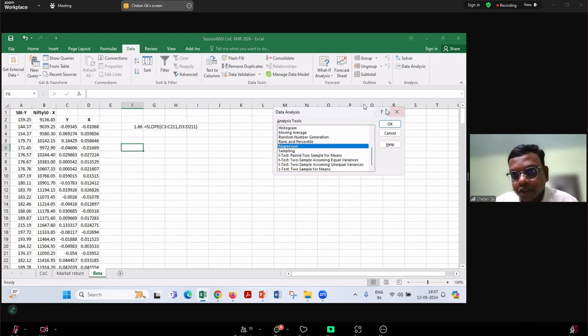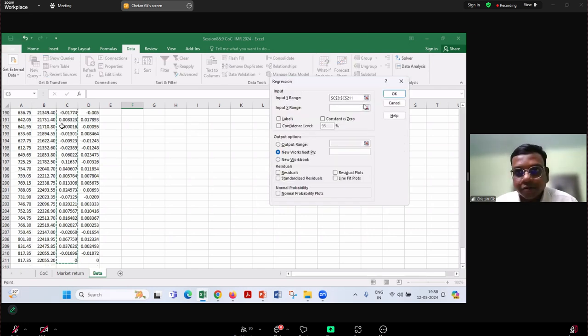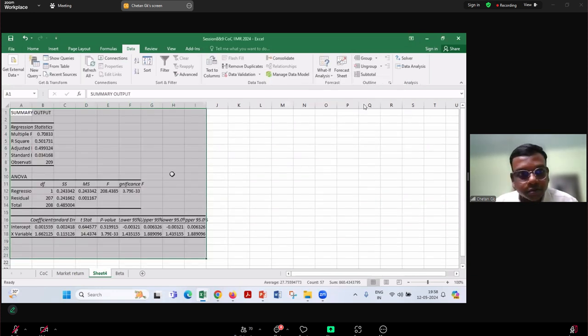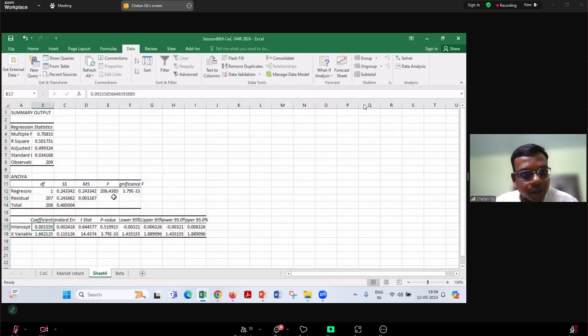This is my y range and this is my x range. So I got the beta 1.6. You can see it is the same. So regression beta, right? That is the reason it is actually called regression beta.